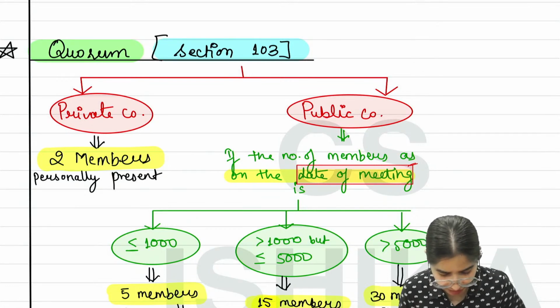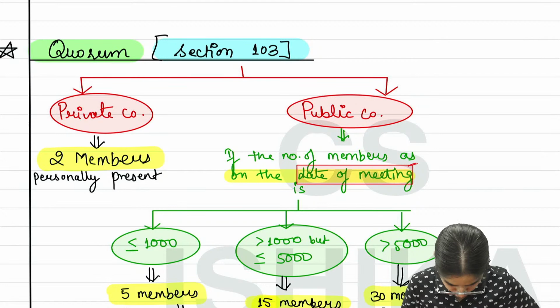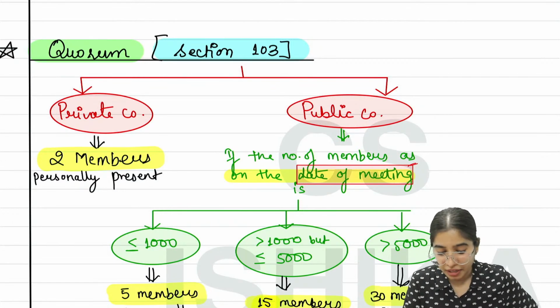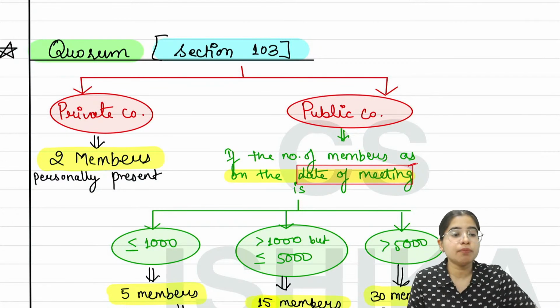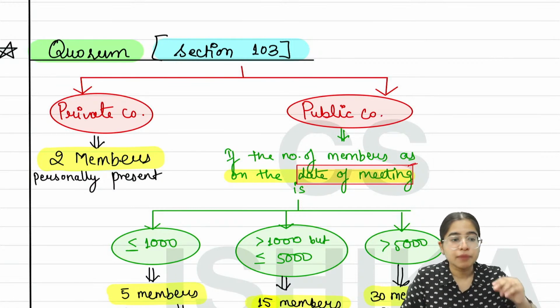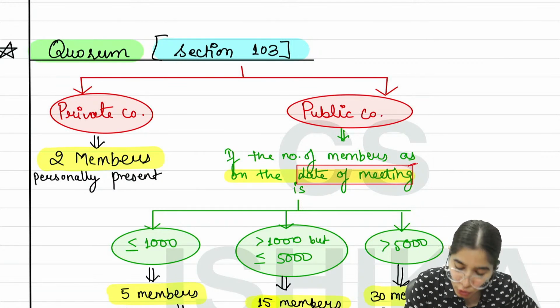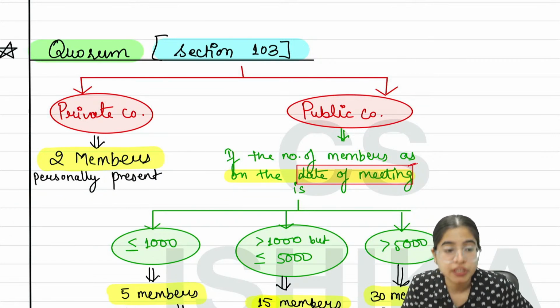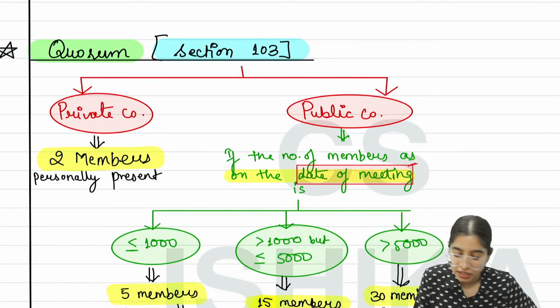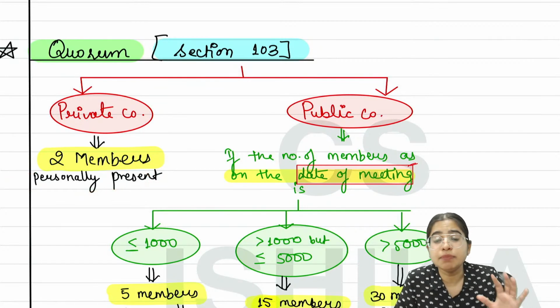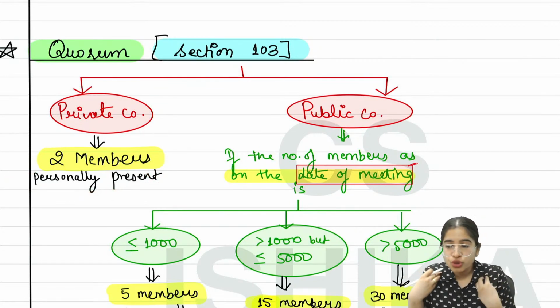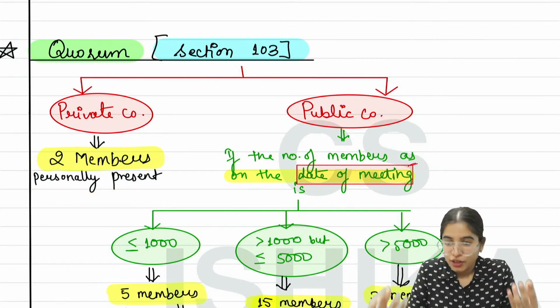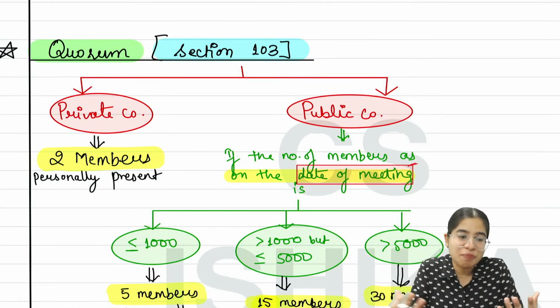Section 103 says that quorum is different for a private company and a public company. If your company is a private company, then the quorum is 2 members personally present. What do you mean by personally present? Personally present means you should yourself be present at the meeting.